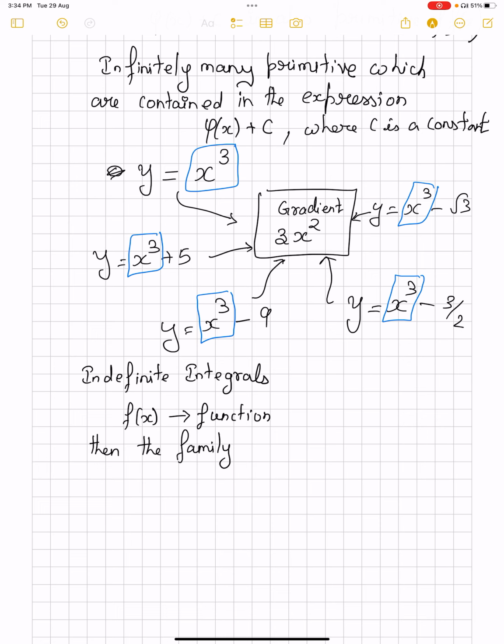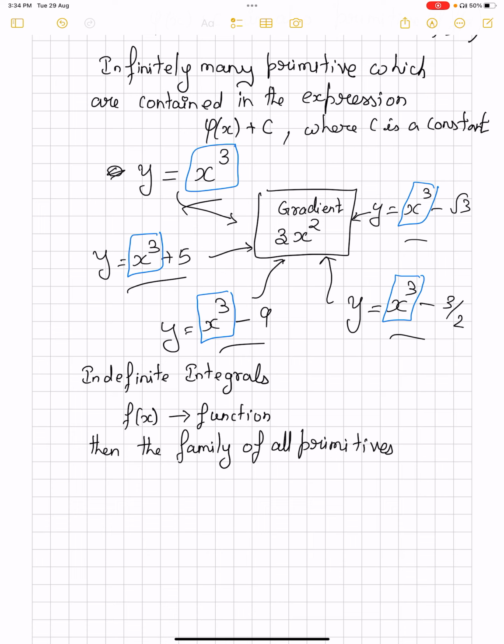family of all primitives, I mean x cube plus 5, x cube minus 9, x cube minus 3 by 2, x cube minus root 3, all of this, and there are infinitely many.